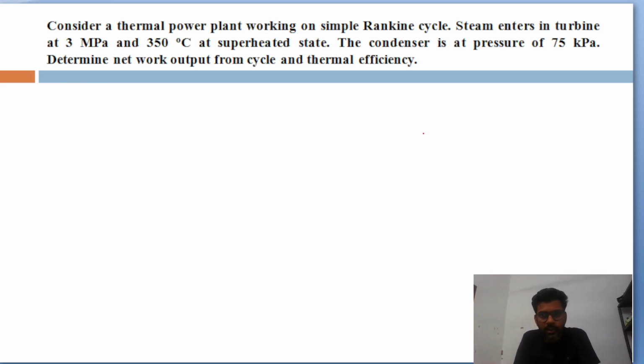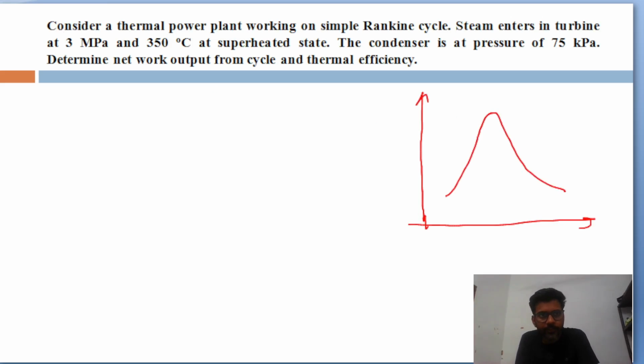So first we draw the cycle on the TS plane. So this is the Rankine cycle.